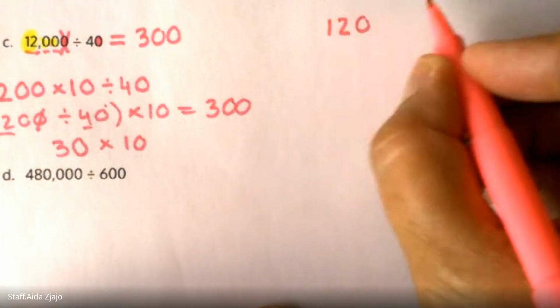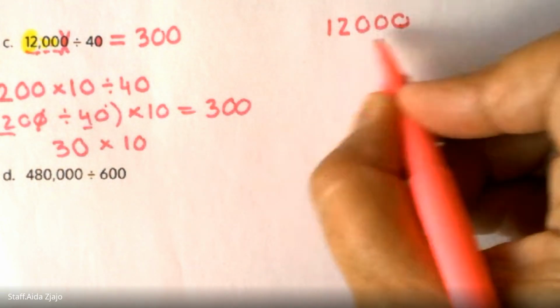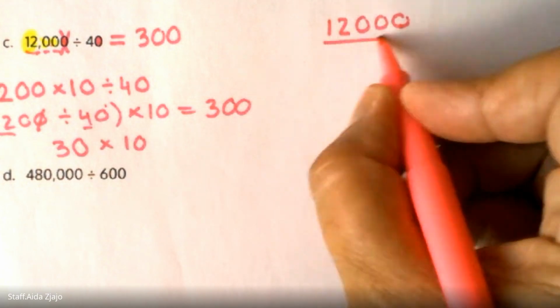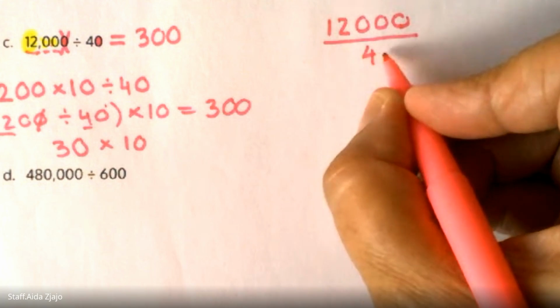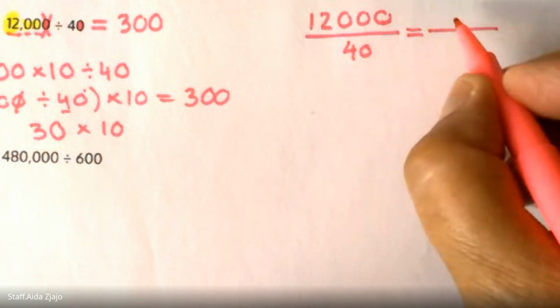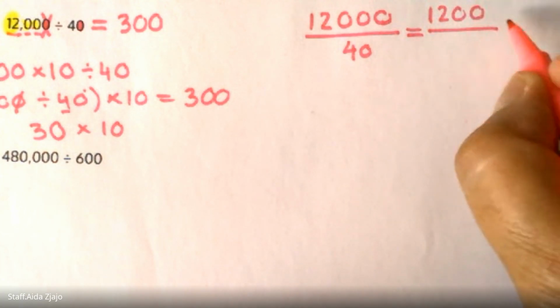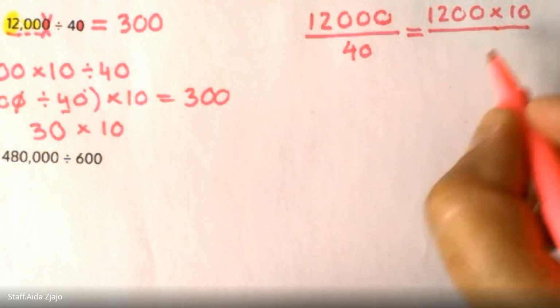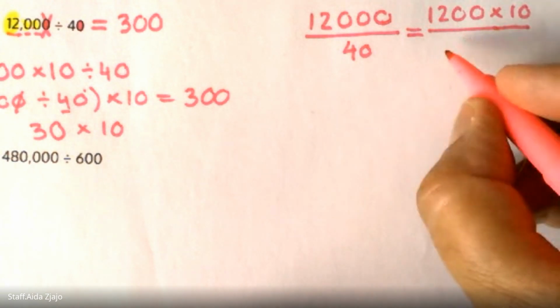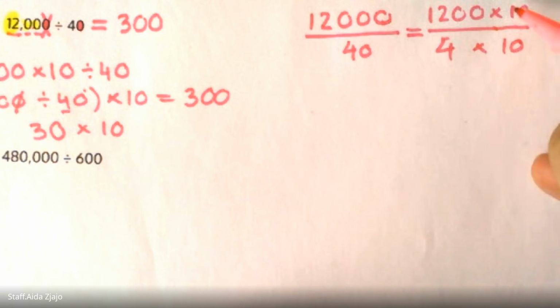Okay, so if I have this to be 12, and I'm going to use all those numbers, so 12 divided by 40, correct? So now I'm going to change that to 1,200 times 10, and I'm going to do 4 times 10. So 10 and 10 will cancel each other. 10 divided by 10 is 1.